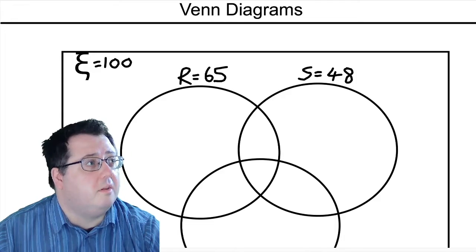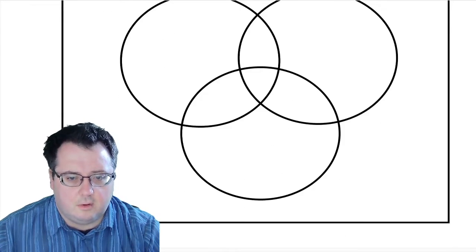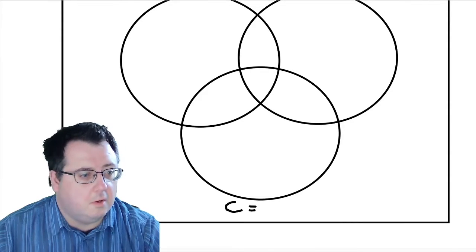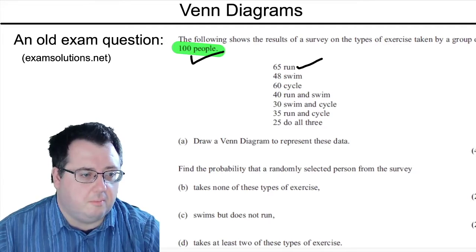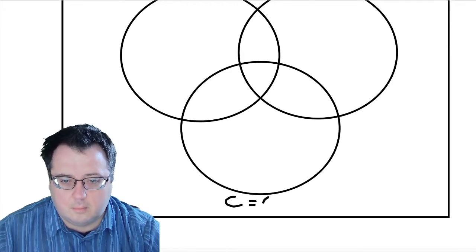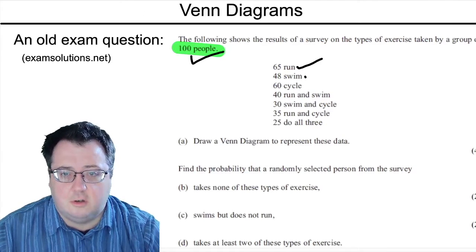And then the last piece of information is about cycling. And how many people cycled? 60 cycled. Let's go back to the picture. We'll tick off swimming and cycling.